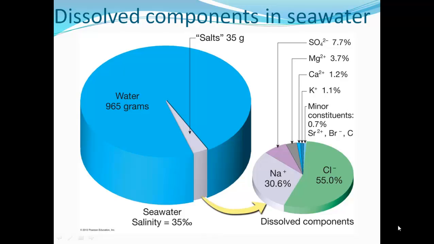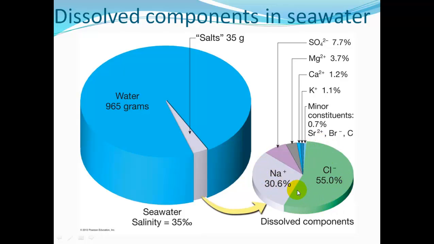Okay. So here we have, let's say, 1,000 grams of ocean water. 35 grams, or 35 parts of 1,000, is going to be the salts, where 965 grams or parts will be the water. Of those 35 parts per thousand, over half will be chloride ions, and a third will be sodium ions.